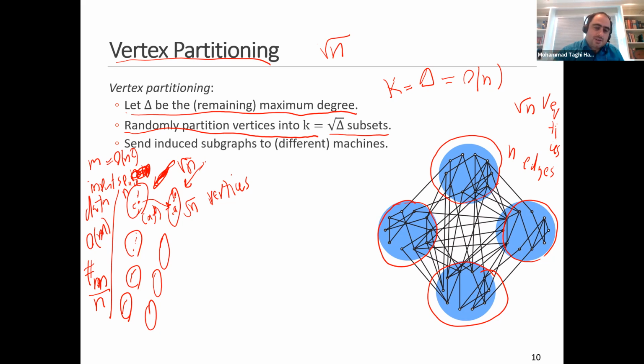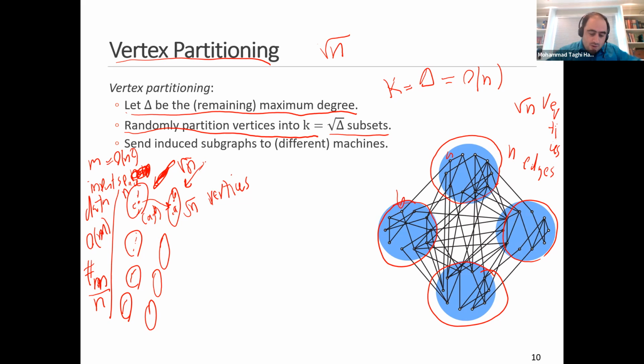So any edge like that will go to one of them. All the edges inside these blue blobs go to this computer. Of course, there are some edges that are between two computers: A is here, B is in a different one. In this case, in this round, we will ignore them.